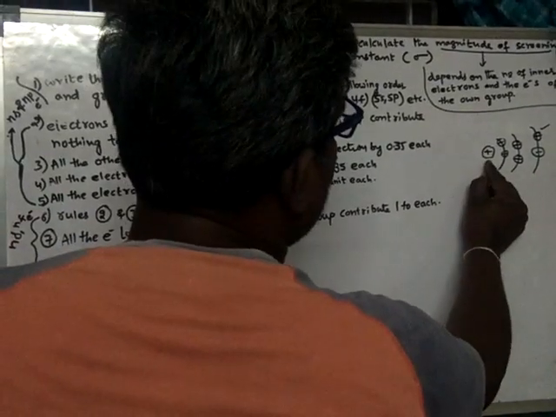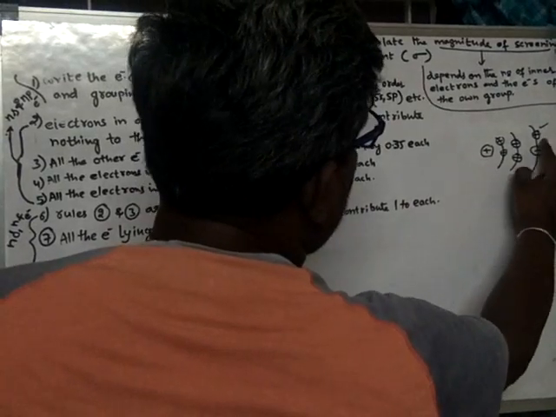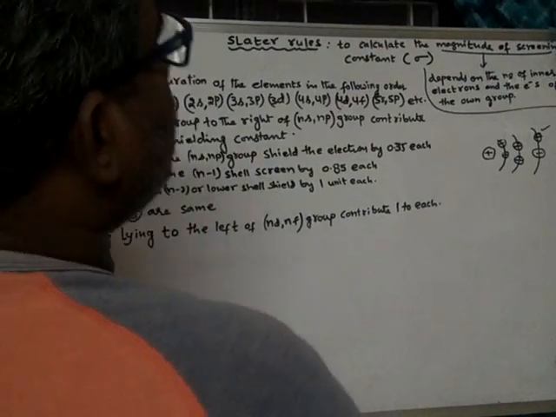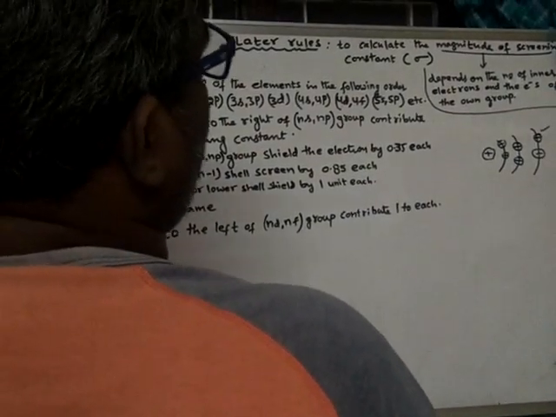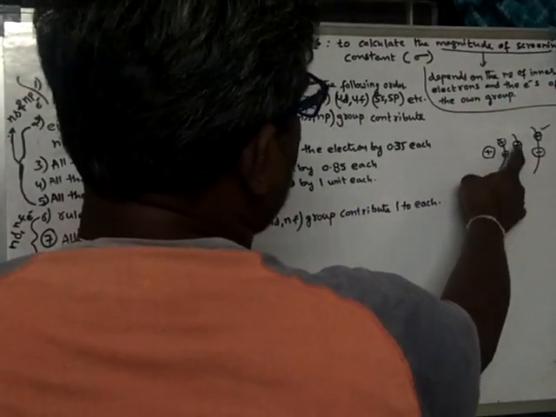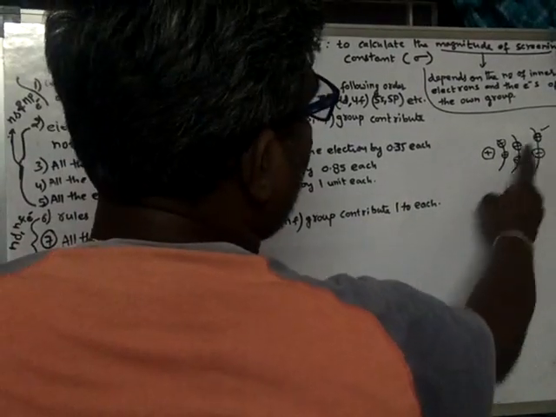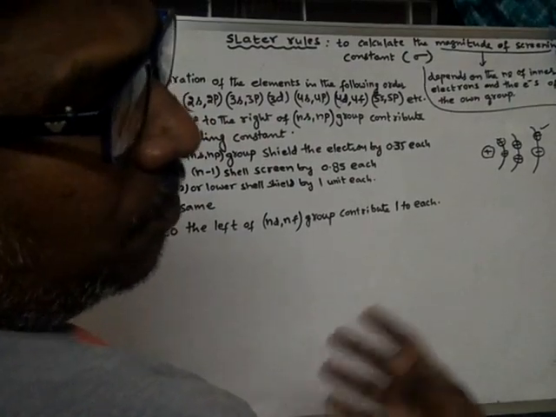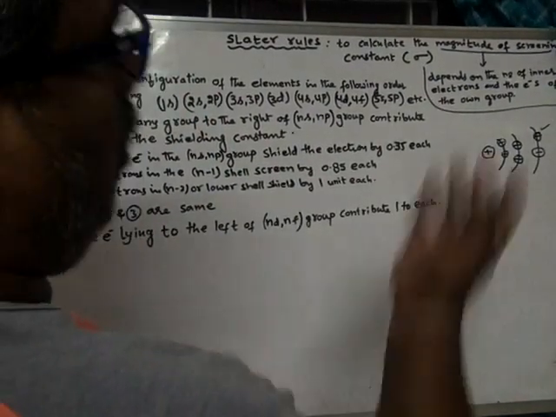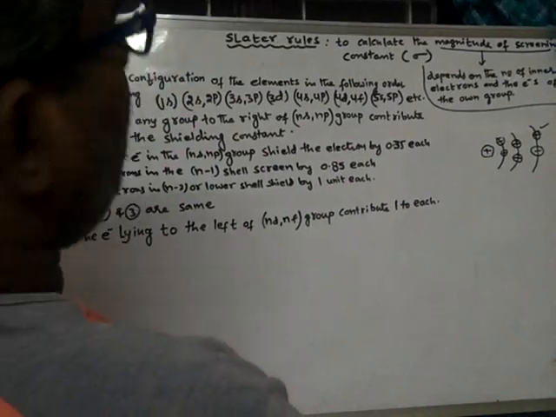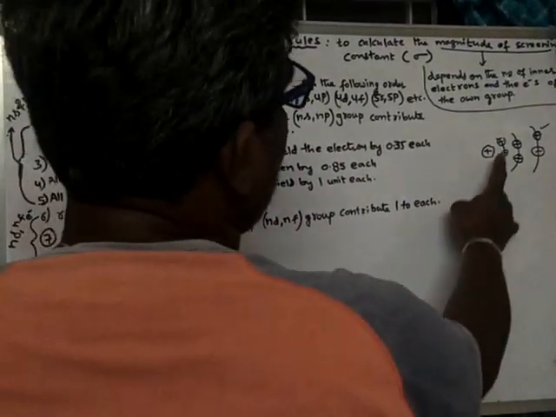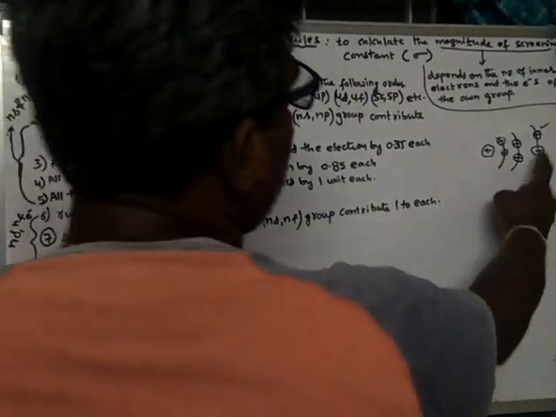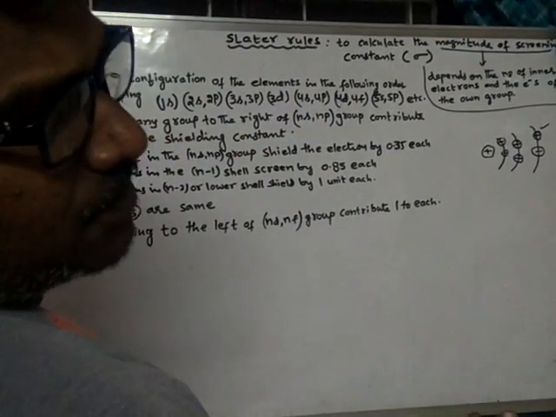That means the nuclear force of attraction on this electron is decreased by these electrons, and such a decrease is said to be screening. Protection means screening or shielding, all these words give a similar meaning. So every electron will screen this particular electron to some extent.